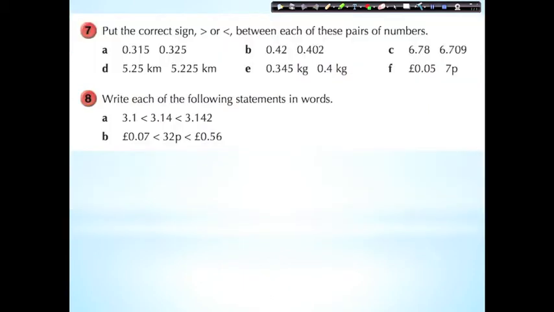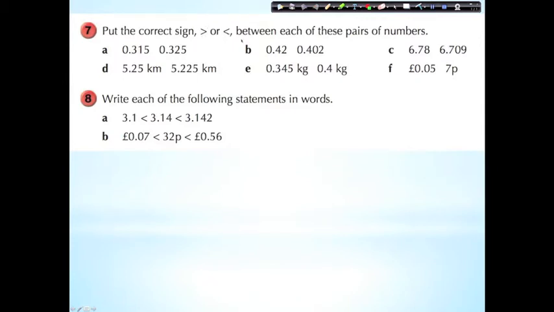Okay, next question. It says put the correct sign, so greater than or less than, between each of these pairs of numbers. So remember, the side with the open end is bigger than the side with the closed end. So the first one is greater than, and this one is less than.